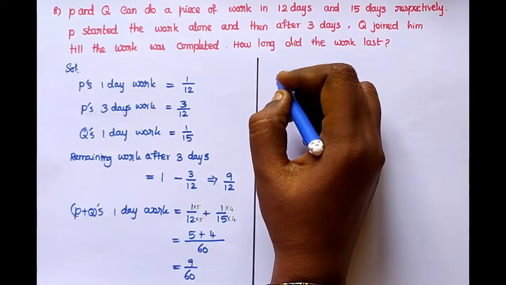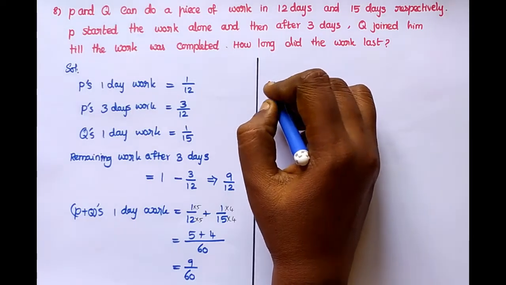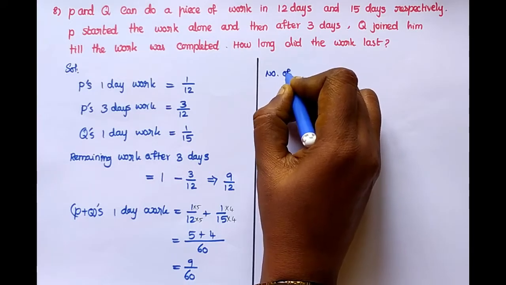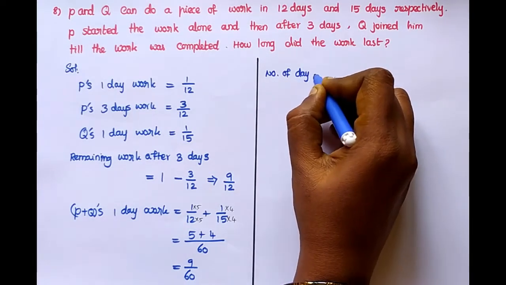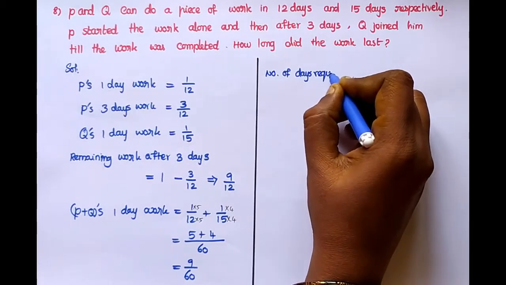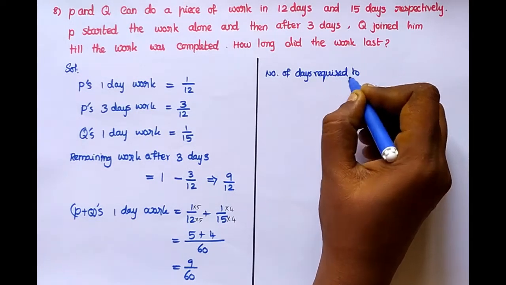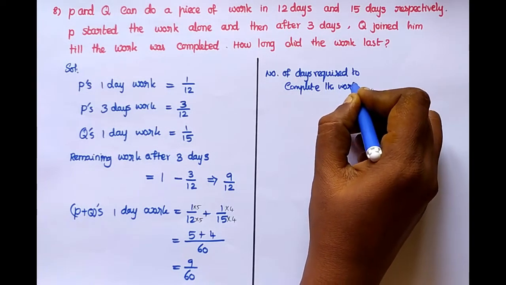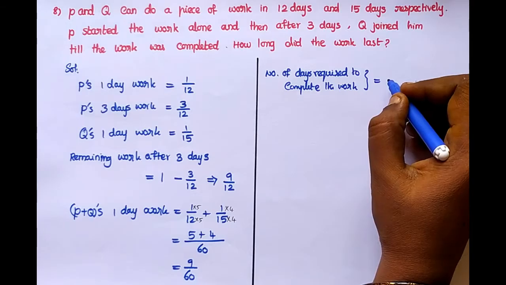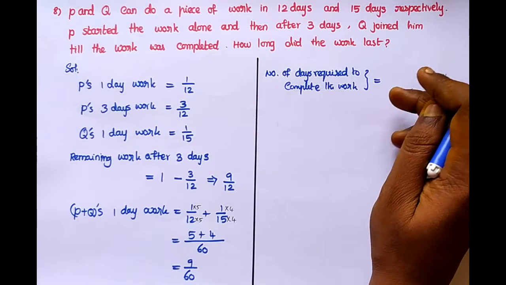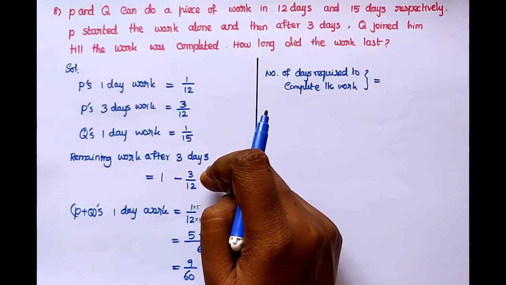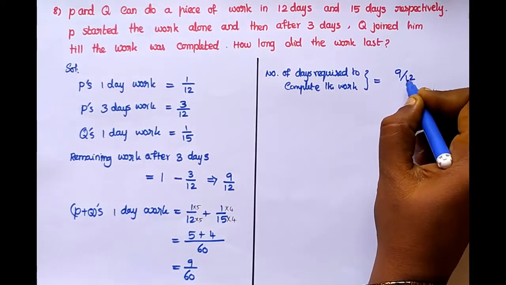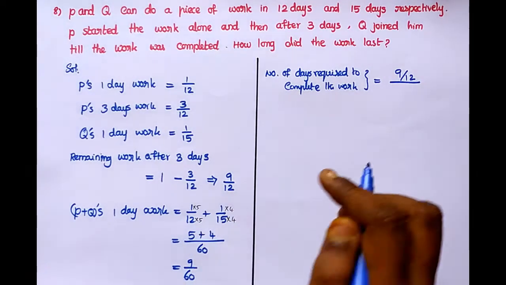Now we want to find out number of days required to complete the work. That is equal to remaining work 9 by 12, divided by their 1 day work 9 by 60.